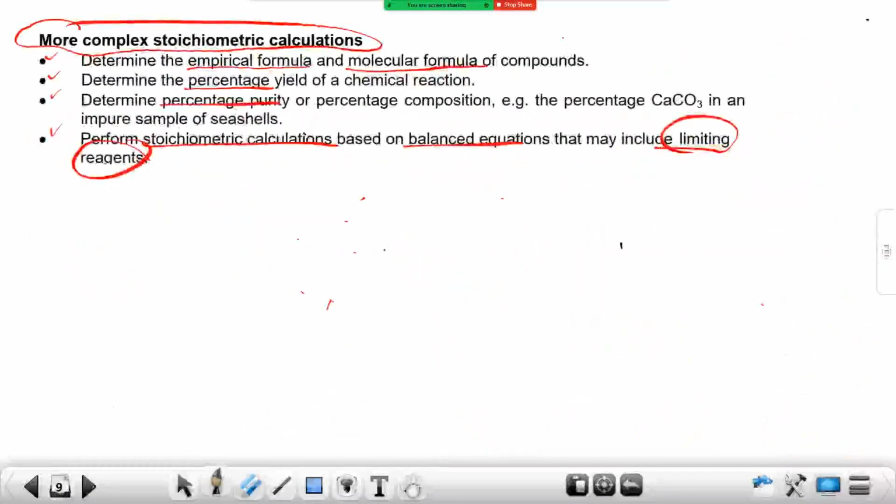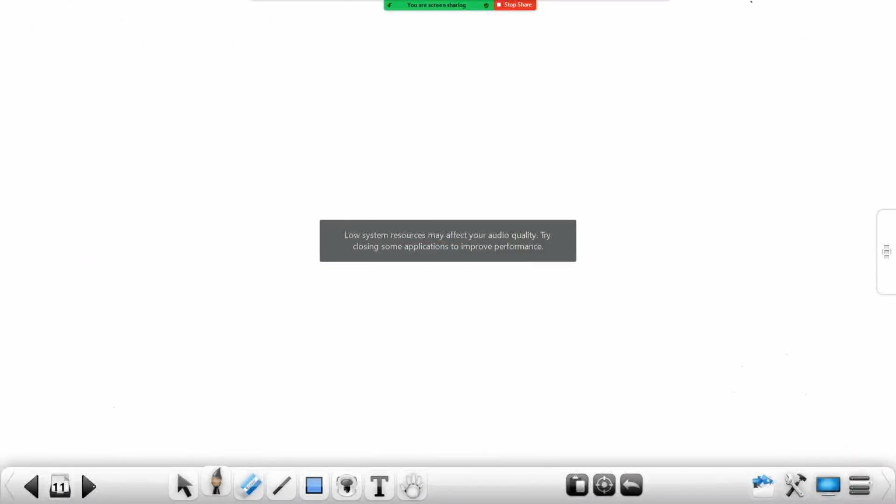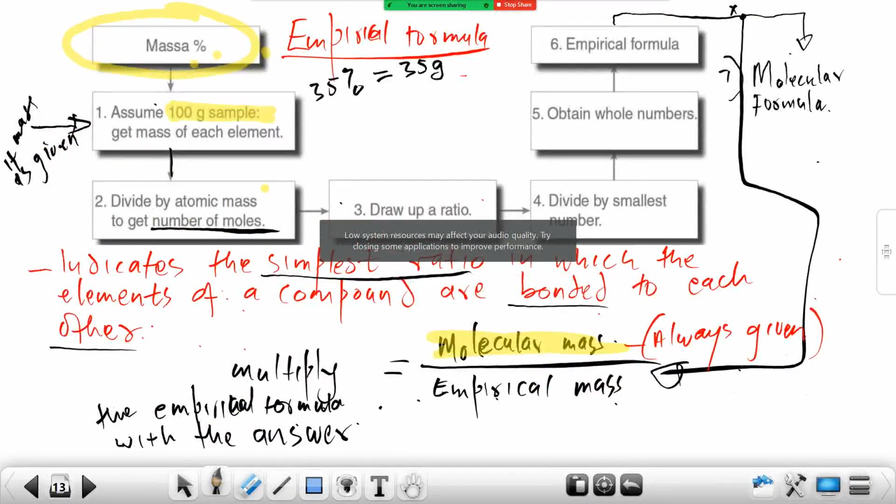So what you are saying to me, step number 1 here. I must now modify this particular slide of mine and add many other ways of getting the number of moles.